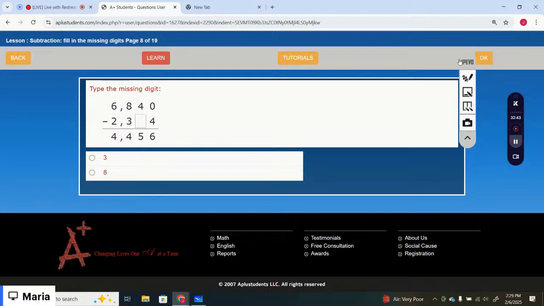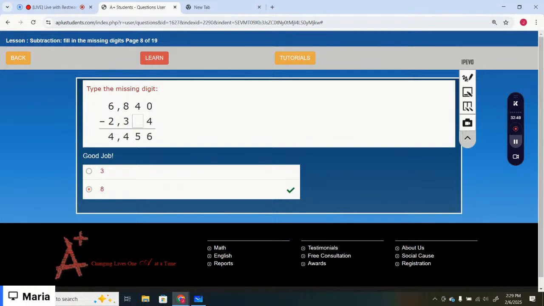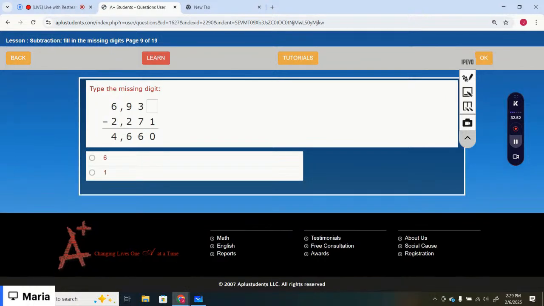That is 8. The missing number is 8. Type the missing digit.